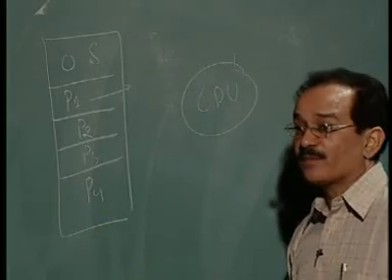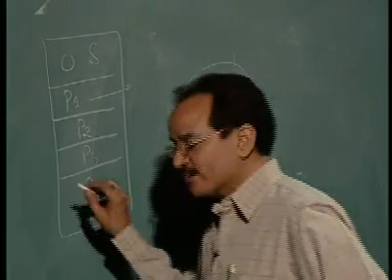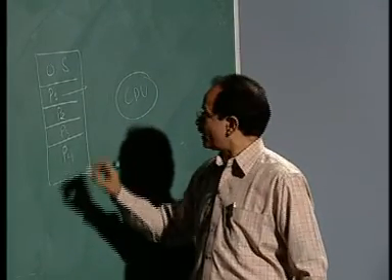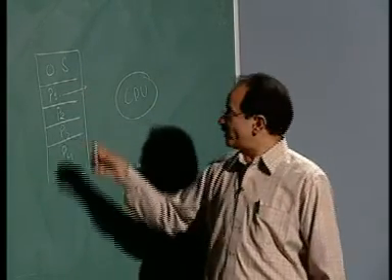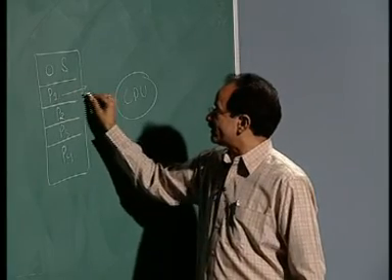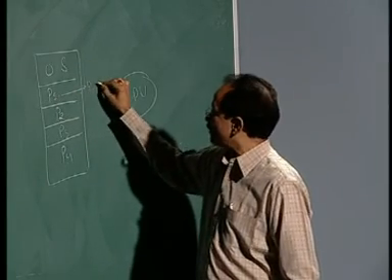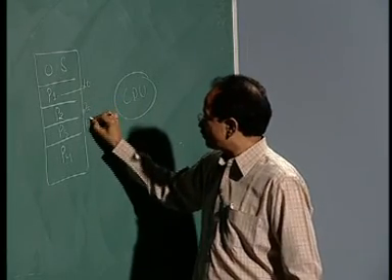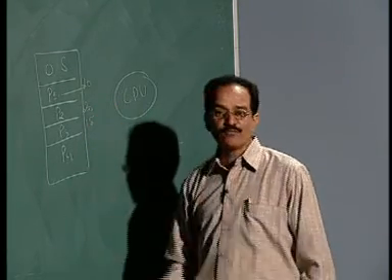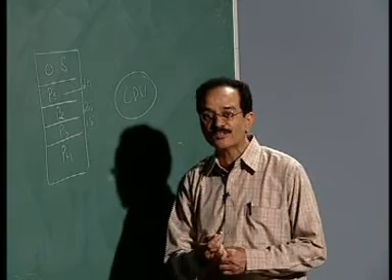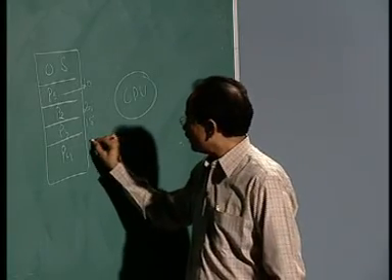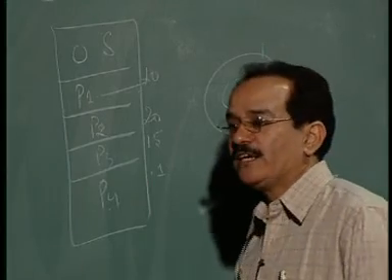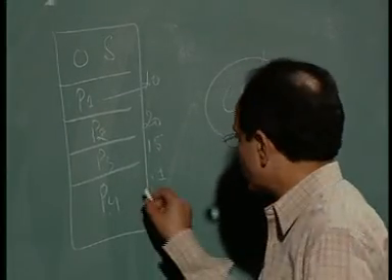And let us say P4 is an IO intensive job. What is IO intensive? It may be taking a lot of IOs once it has to process this sort of job. Now, what will happen in this scenario is, the moment P1 job gets in, let us say it requires 10 units of time, this requires 20, this requires 15, and since P4 is a job where there are a lot of IOs, let us say it requires only 0.1 unit of time before it goes to the IOs.